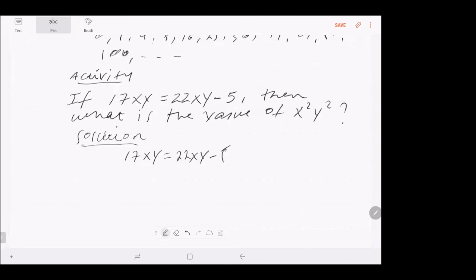Let us start from this given condition. When we shift this expression to this side, we will have 17xy minus 22xy is equal to minus 5. 17xy and 22xy are like terms, so they can be subtracted. So it will be minus 5xy, which is equal to minus 5.